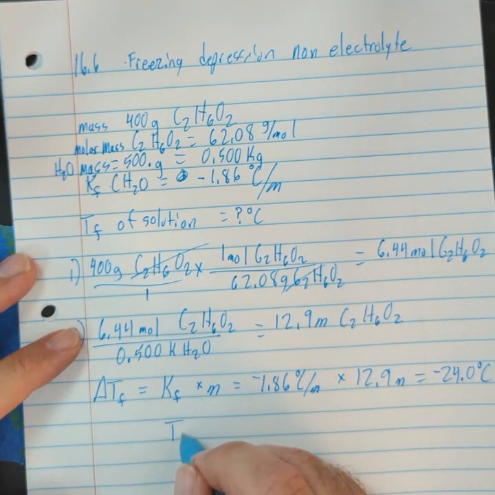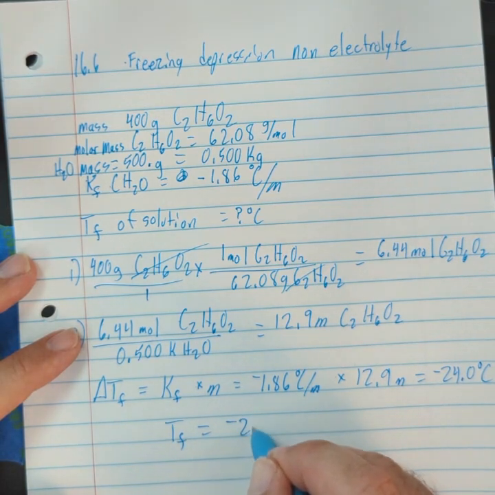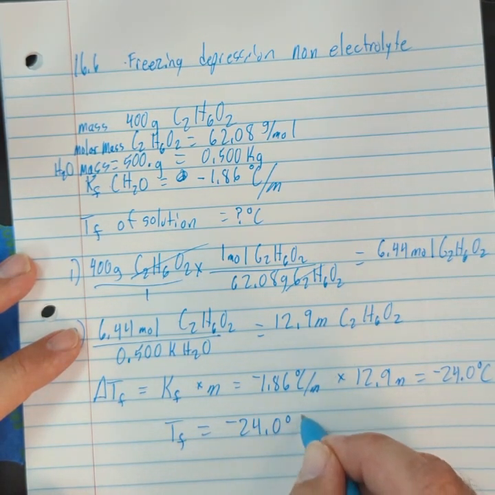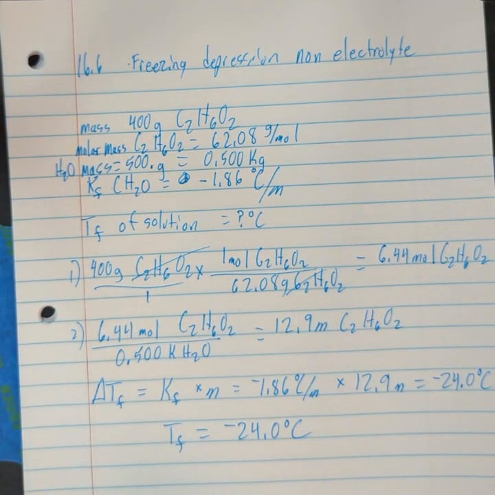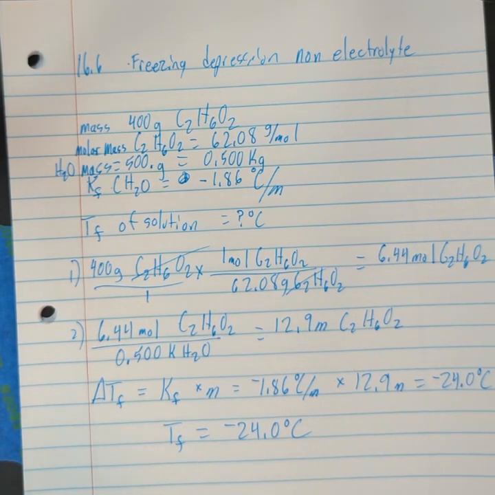So the new freezing point then would be negative 24.0 degrees Celsius. All right, so the normal freezing point of water is 0, therefore the freezing point decreases 24 degrees. The freezing point is now negative 24 degrees.